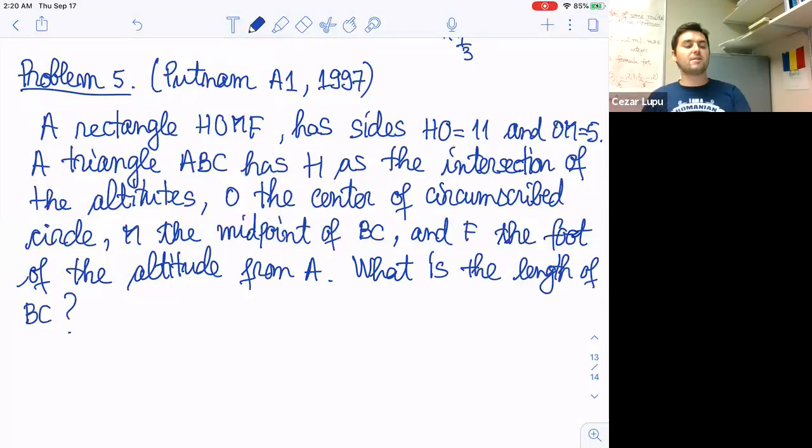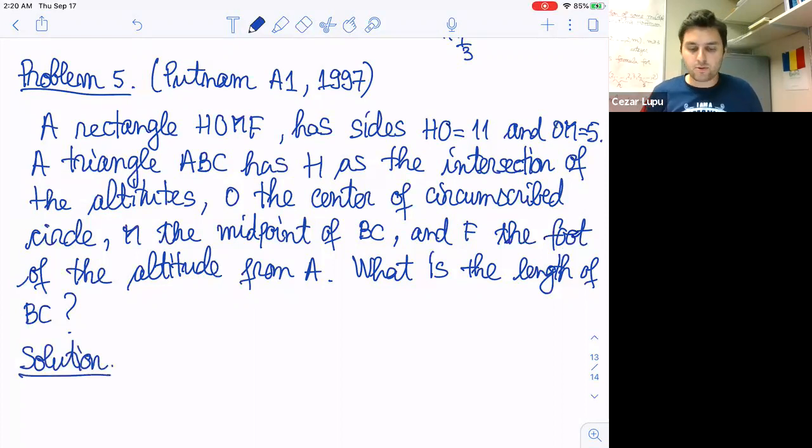Again, like I said, it's a kind of similar problem. Now let's look at this carefully, and let's read the statement very, very carefully.